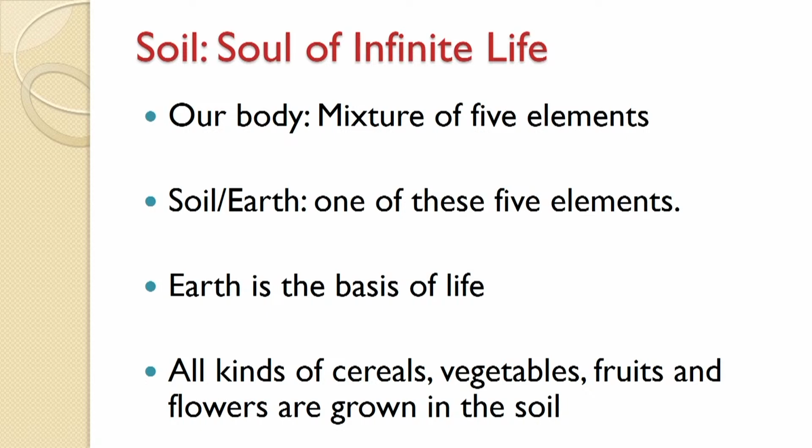Also a handful of soil contains millions and billions of organisms. These may be fungi, bacteria, or earthworms. Because of these, the soil becomes fit for cultivation, and for cultivation soil is one of the most important requirements.